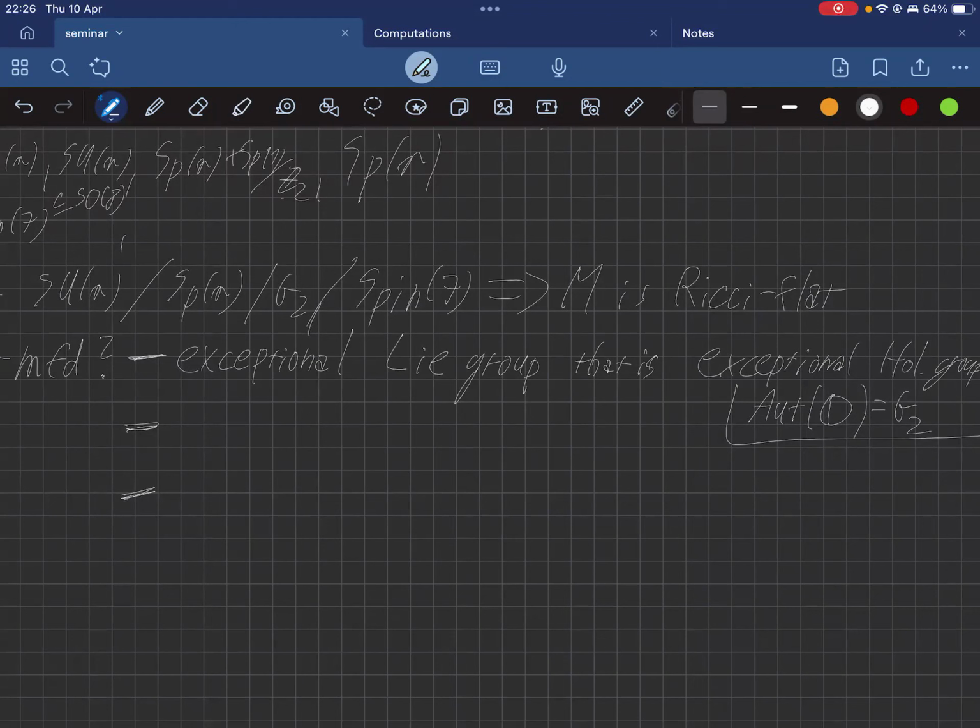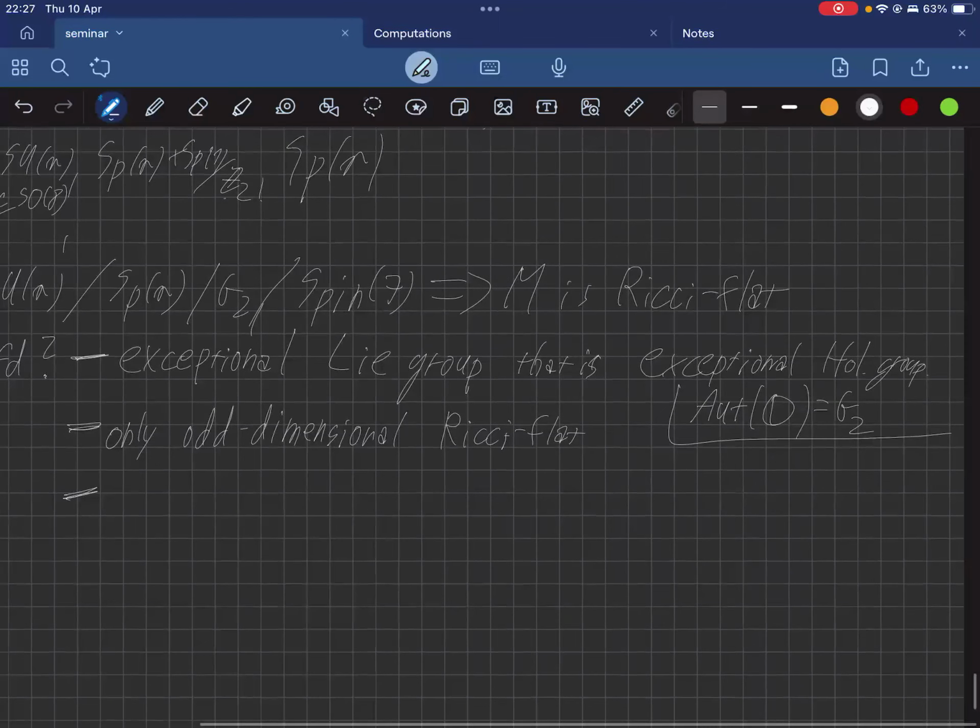Okay, let's say you're not satisfied, you want another motivation. Well, another motivation is that it's actually the only odd-dimensional Ricci flat, and let's say not flat, manifold, right?